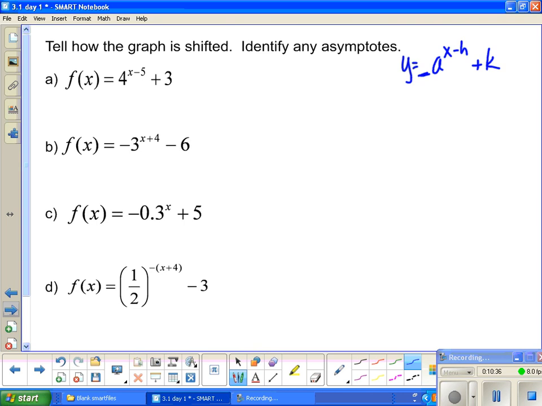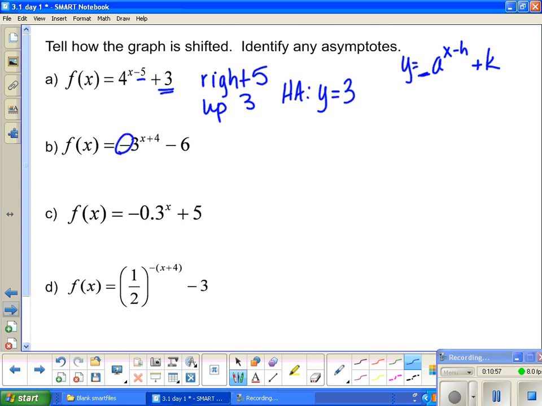If we look at this one, it's going to go right 5 and up 3, my H and a K, and I'll have a horizontal asymptote at y equal 3 because it shifts up 3.